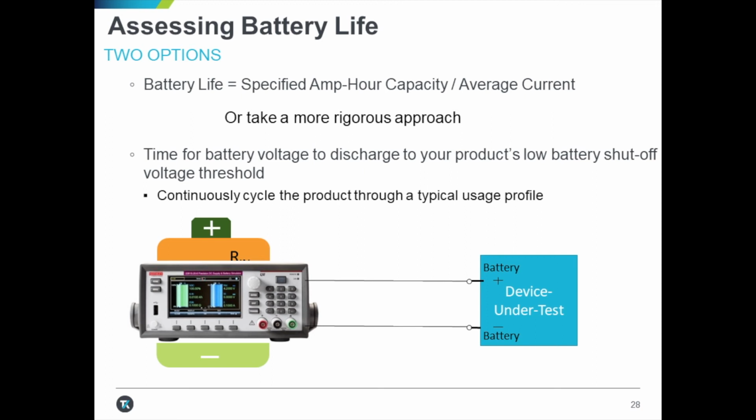Discharge products to the product's lower battery shutoff voltage threshold. And then lastly, you can cycle your product through a usage profile. This combination of sequences will provide you the most realistic and most accurate approach to assessing your battery life.